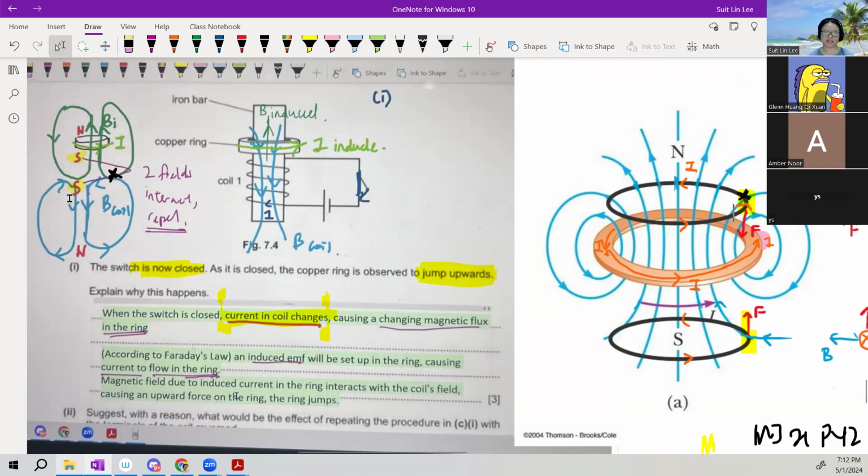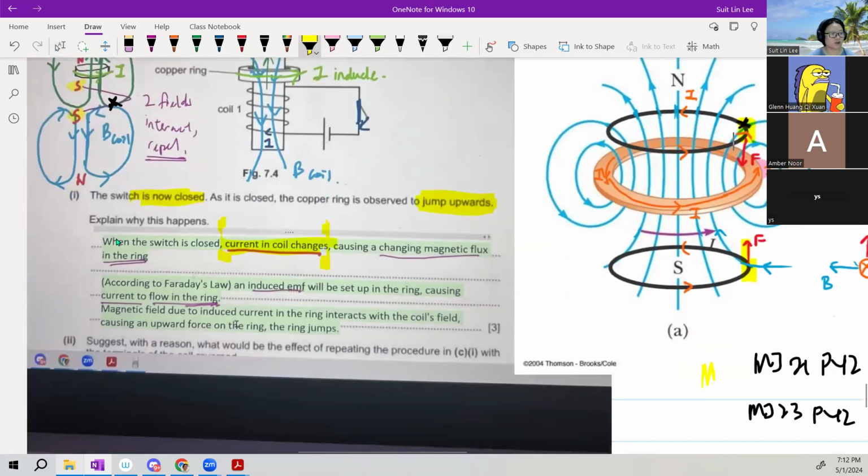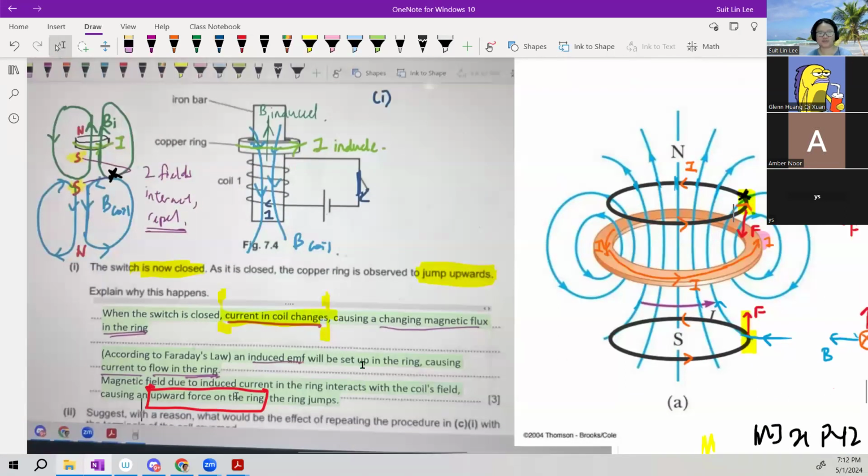So I use the north and south pole to convince myself of the direction of the force here, the upward force on the ring. I do not use this one to explain the direction of the force.